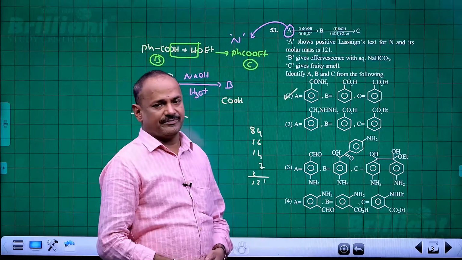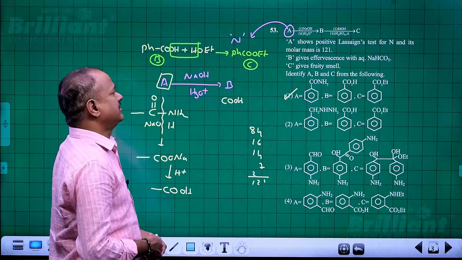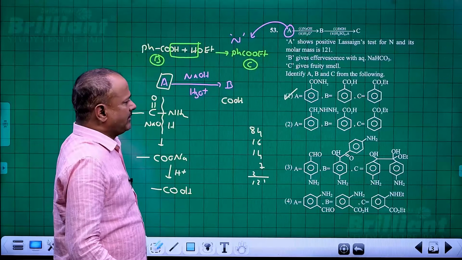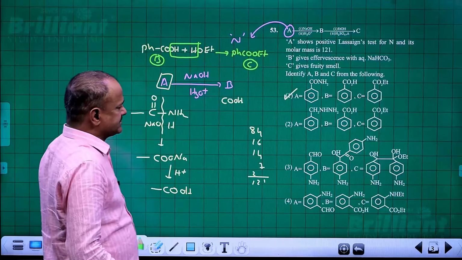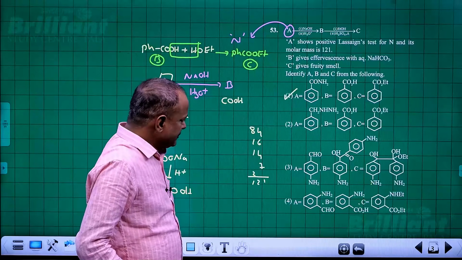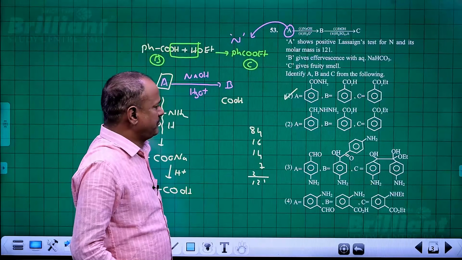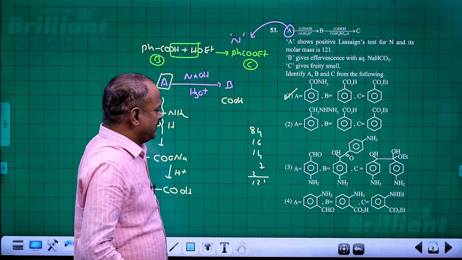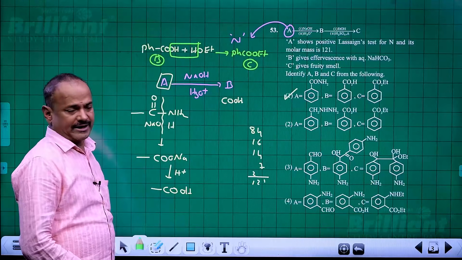Amine is a base only. NaOH also base only. Just mixable but no reaction. That's why A must be amide only. Benzamide, C6H5CONH2. So no other option is possible because in these there is no possibility of amide. This amine, this amine, this amine only. That's the only option, A correct.